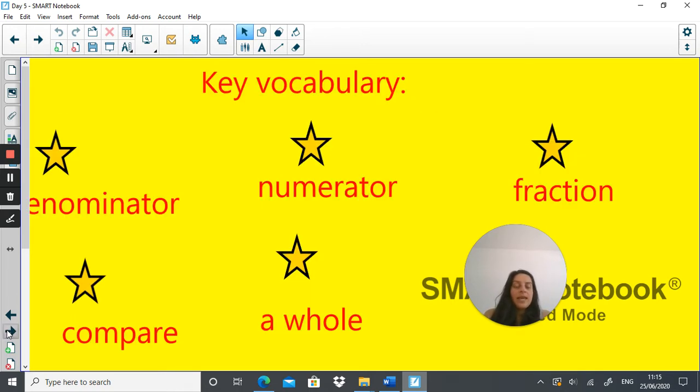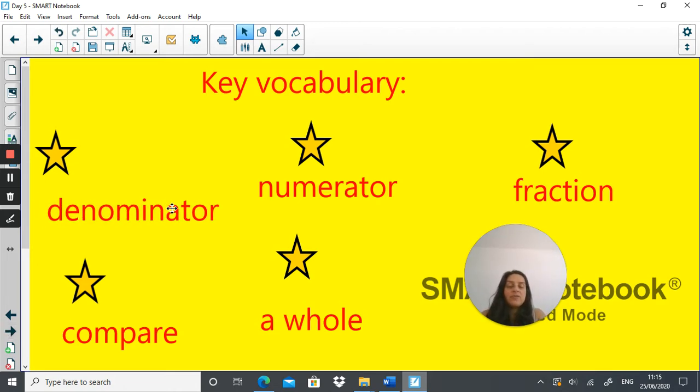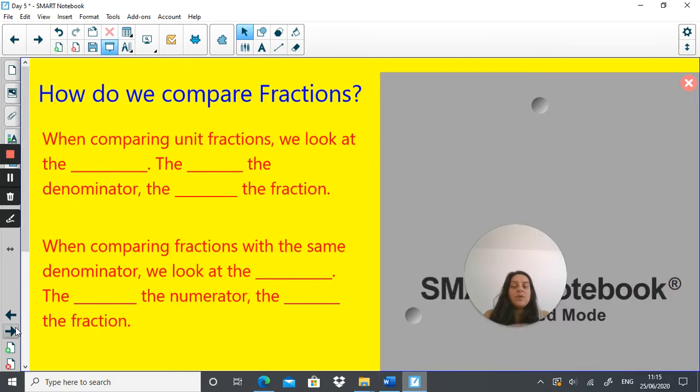So here's our vocabulary. You have denominator, which is off the page for some reason, numerator, fraction, a whole, and compare. We looked at this yesterday, and I'm not going to type it all in, but just refresh your memory about what the missing numbers are. So how do we compare fractions?